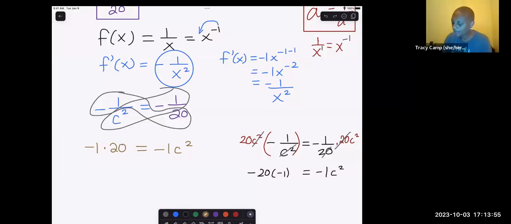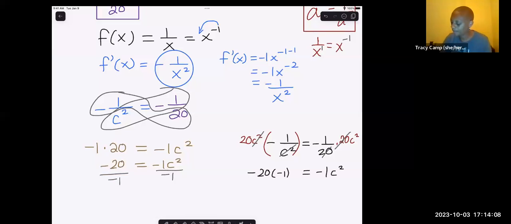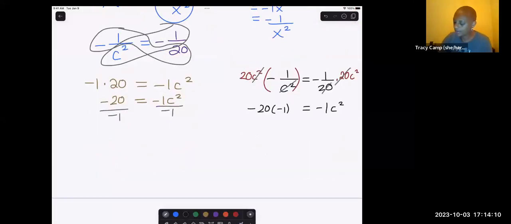So I end up with -20 equals -1c squared. I'm trying to get c, so I'm going to divide both sides by -1. These -1s cancel, and I end up with 20 equals c squared.